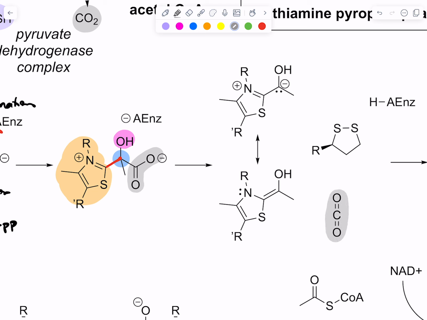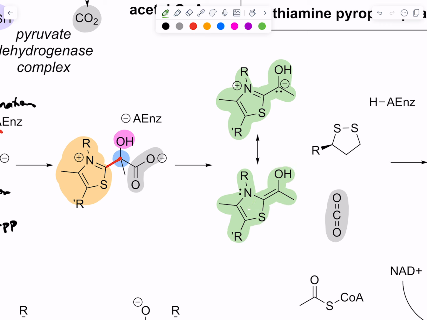And what we're left with is this molecule. And you'll notice that I've drawn some resonance arrows suggesting that this molecule is indeed resonance stabilized, not so very much different from an enolate.